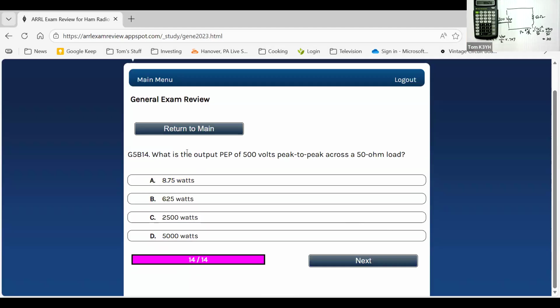Okay, you can almost do this in your head now, right? So what are we going to do? What's the output PEP of 500 volts peak to peak across 50 ohms? So 500 peak to peak, so I've got to say 500 divided by 2 times 0.707, square that and divide it by 50.